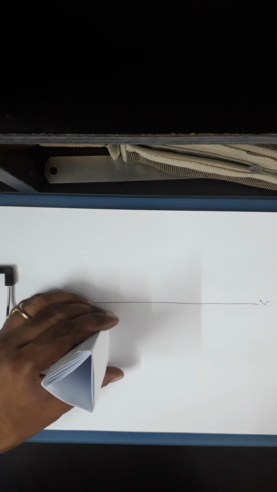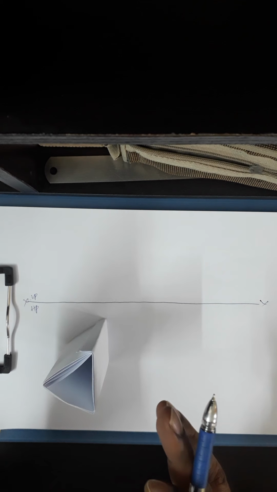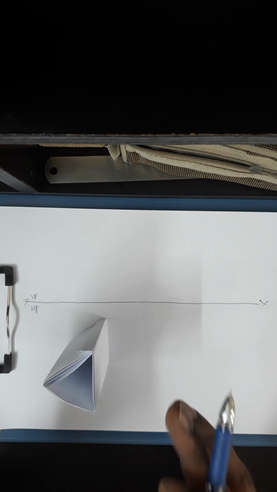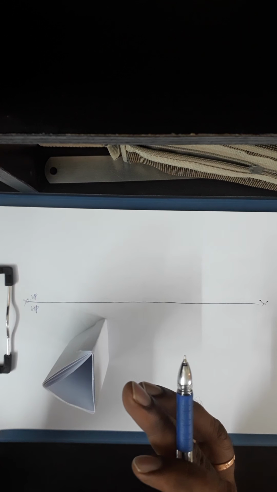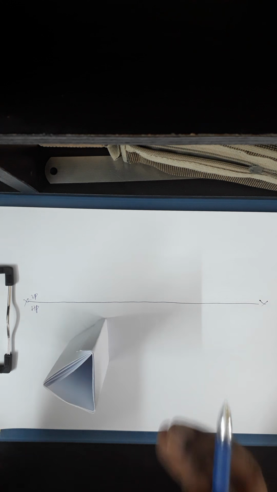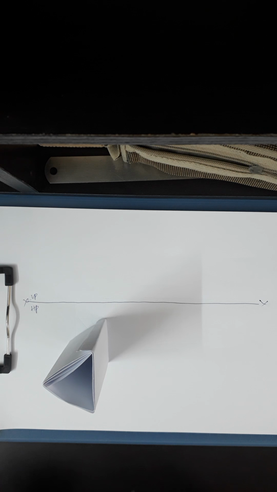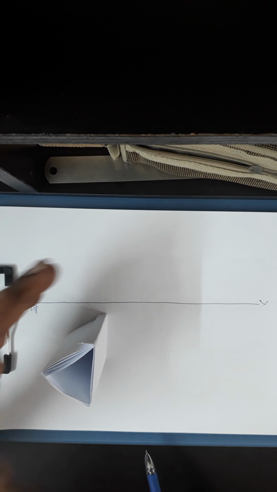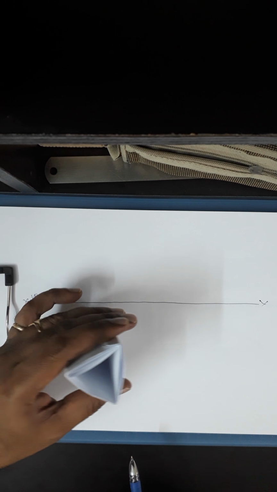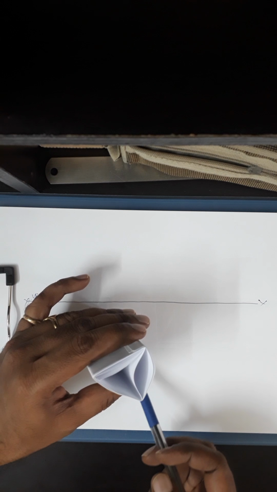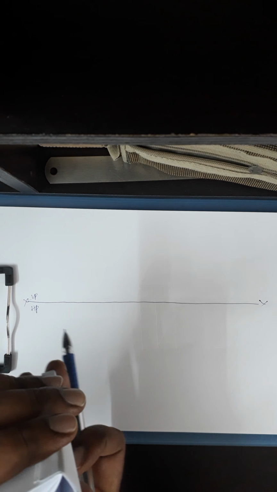So initially, in all the problems, they're going to keep any solid, whether it's a prism, pyramid, cylinder, or cone, resting on a plane, horizontal plane or vertical plane, depending upon where the conditions came. So in this case, because it says it's resting on one of its base edges on HP, I have to keep the solid resting on its base on HP, so that when I tilt, that will satisfy the condition that it's resting on one of its base edges on HP.